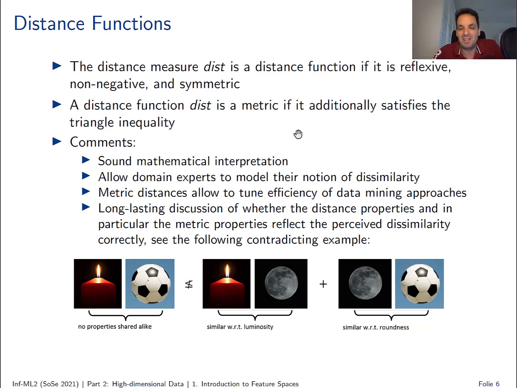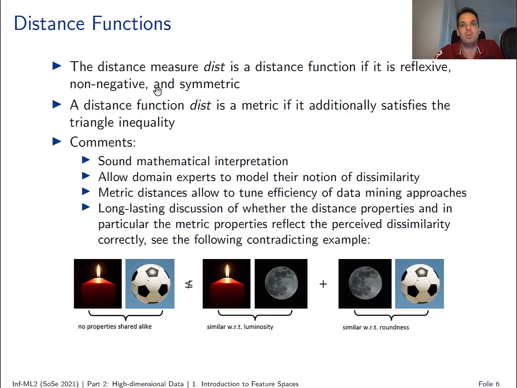So, distance functions. A distance measure is a distance function if it is also reflexive, non-negative, and symmetric. You just recall that from your math lectures. So a function in a mathematical sense is reflexive, non-negative, and symmetric. Not all distance measures need to be like that.